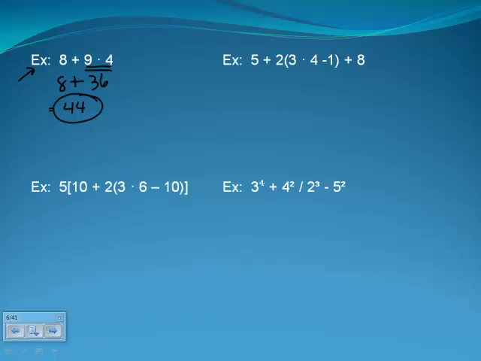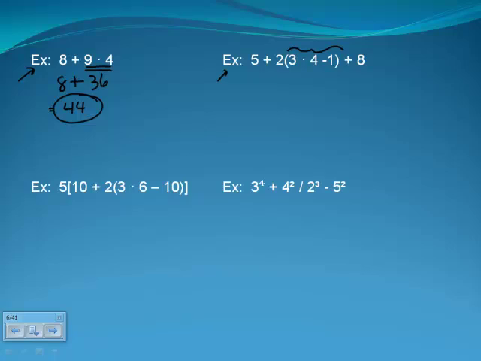Working to the right then, notice that in the example in the upper right, we have several things going on. We have multiple operations. We also have groups. So we're going to look at the grouping symbol first, everything in the group. Within the group, there are two operations. There is multiplication and there's subtraction.